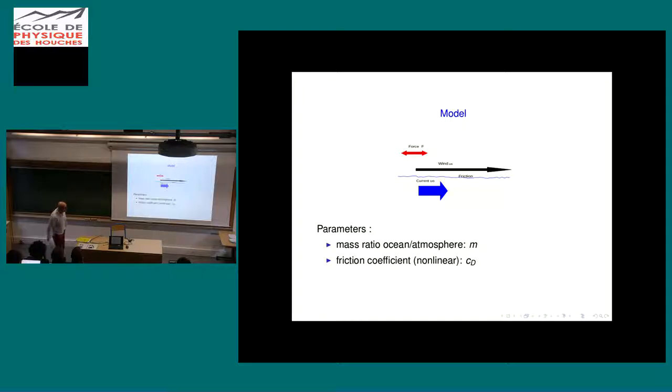In former times, when people considered the shear applied from the atmosphere to the ocean, often in simulations only the atmospheric velocity was considered, and the ocean velocity, which is much smaller, was neglected. I don't do this. I always have the shear.